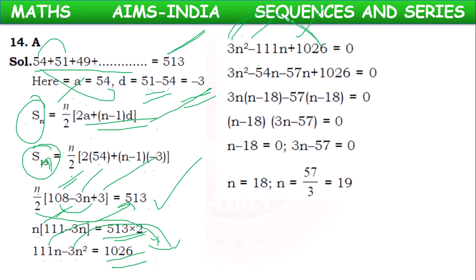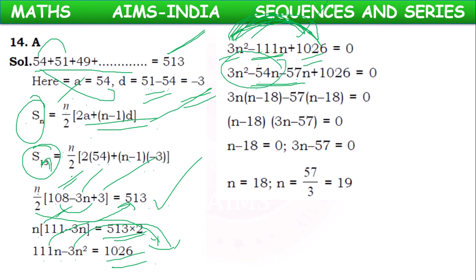These two product to be divided into two terms such that the middle number will come. We can split the middle term as 54, 57, so that the product is equal to the product of 3 and 1026. So minus 54n, minus 57n.